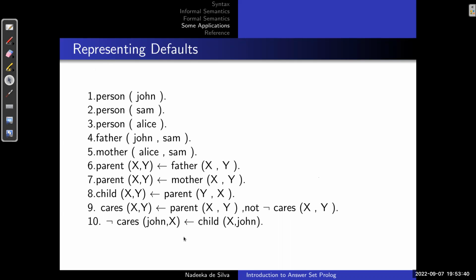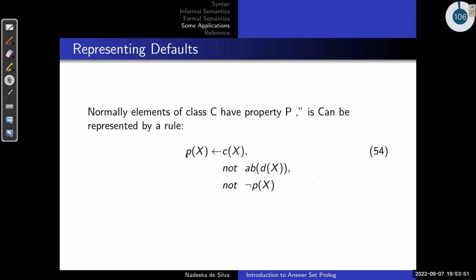So this shows how we can use this not to handle default knowledge. Actually, it can be generalized: if normally elements of class C have property P, it can be represented by a rule of this type.